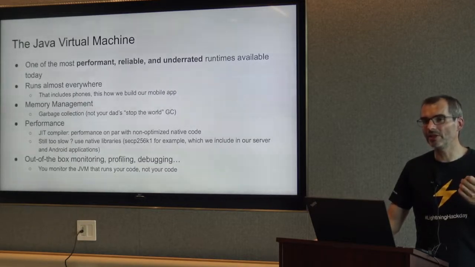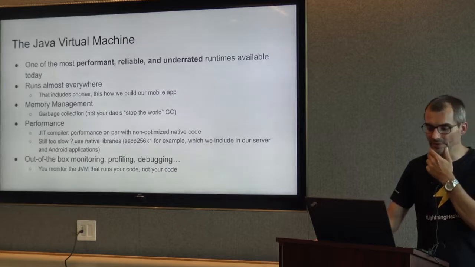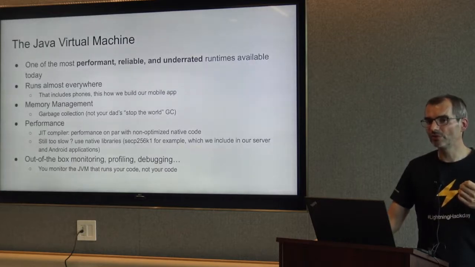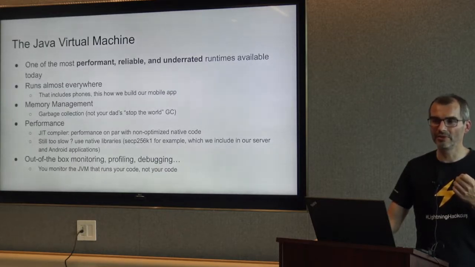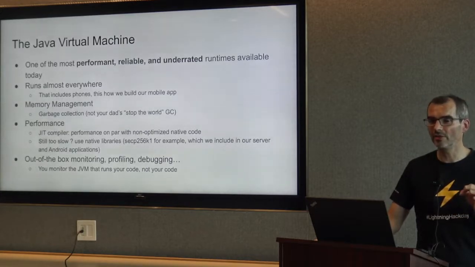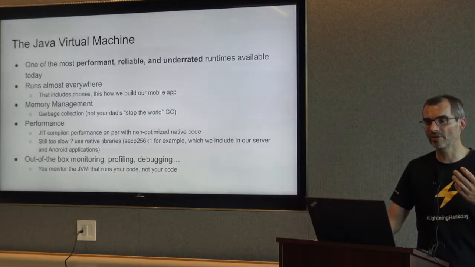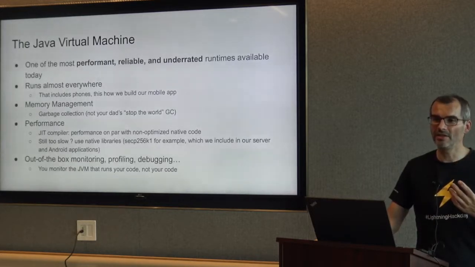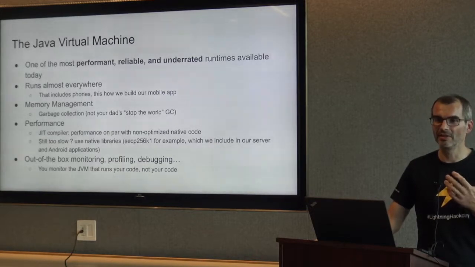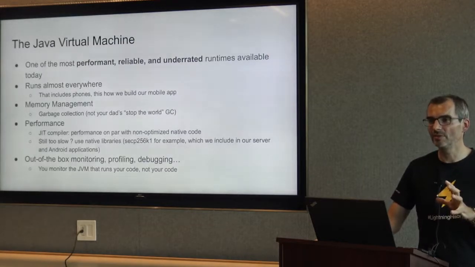And the really good thing about the JVM is when you want to profile or debug your application, you profile the JVM, not your code. That's a huge difference. Very often, if you want to profile or debug, you change your code. You instrument your code, which means that what is running in the version of the application you want to profile or debug is not what is running in production. The JVM is very different. The bytecode is the same.